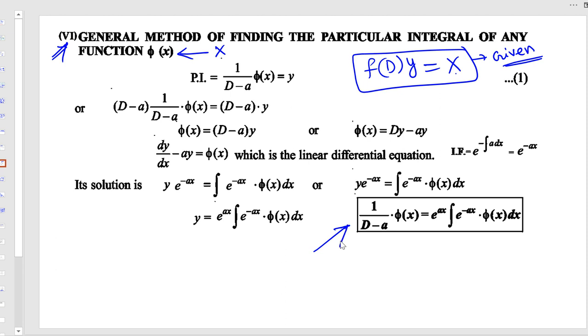It depends on the a. That means we need to factorize the function into linear factors. If possible, then we will apply this formula and this method.